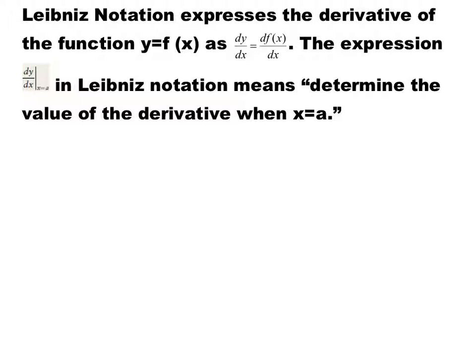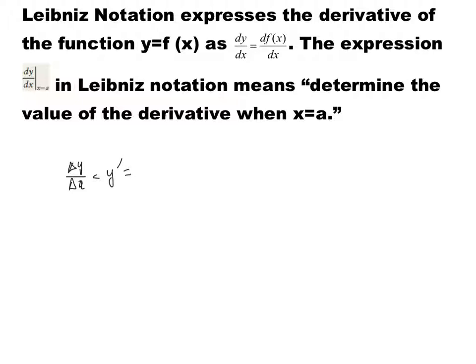We are going to introduce a new notation called Leibniz notation, which expresses the derivative in a different form. Before, remember, we said that the rate of change is delta y over delta x. We also said that when you find the limit of delta y over delta x, when h goes to 0, it is defined as y prime, which is the derivative.